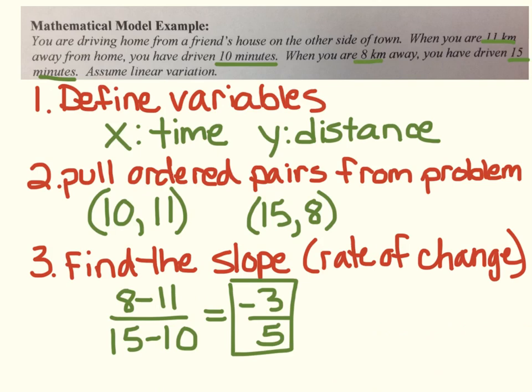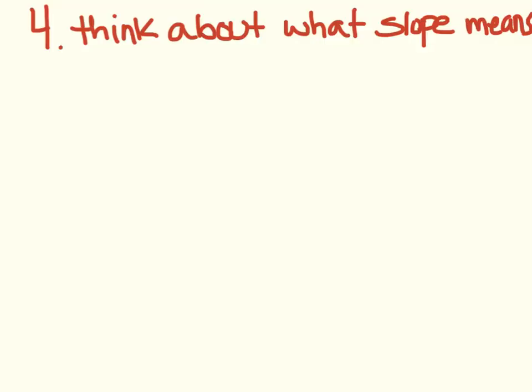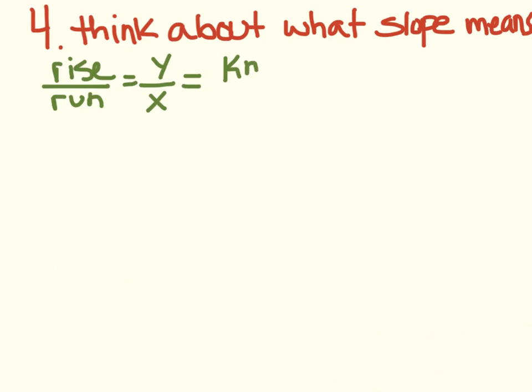So the rate of change in our distance per time is getting smaller and smaller as you get closer and closer to home. So the fourth thing I have in my list of stuff to do is to think about what that slope means. And I just kind of talked about that. But we know our rise over our run, which is always your change in y's over your change in x's. That's kilometers per minute. So it's the speed, basically, in this case, your speed.